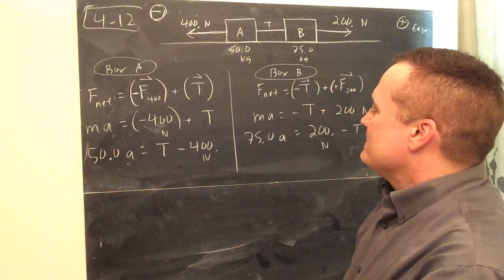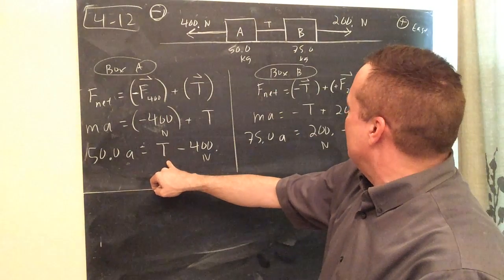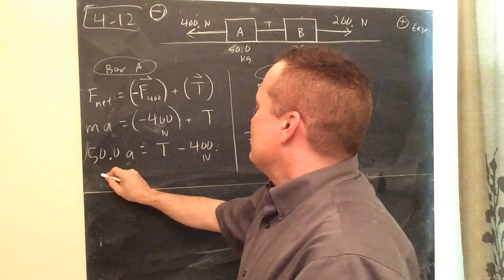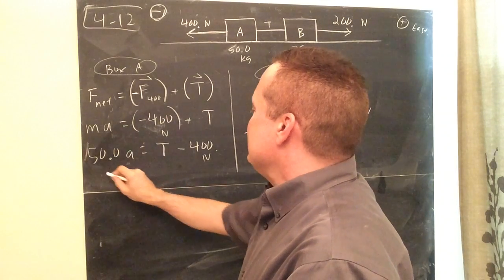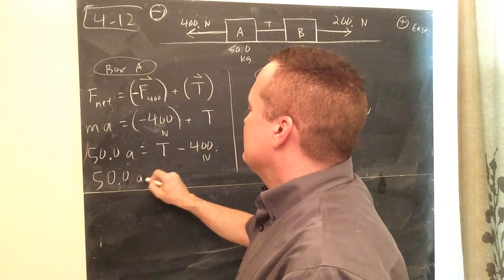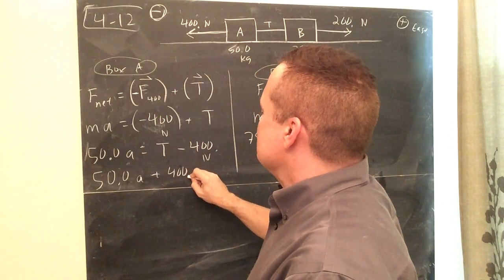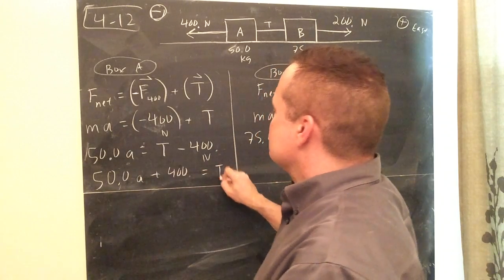All right, so here we go. Let's just see. It's going to be easier to solve for T, I think, on this side. I'm going to say T would equal 50A plus 400 newtons equals T. Doesn't that make sense?